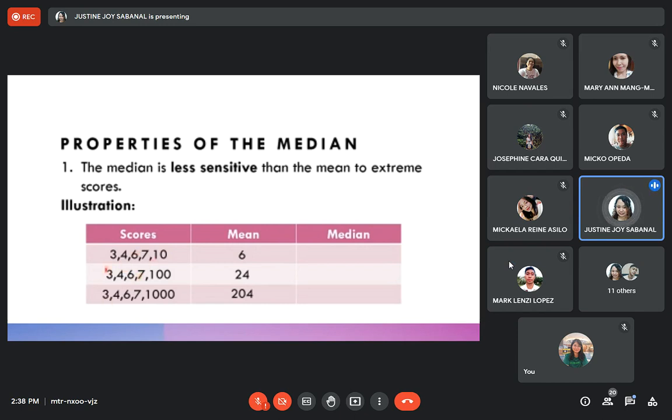Kung may 5 tayo na information, yung 5 plus 1 divided by 2. So we have 6 over 2. Ano yung value sa third position ng ating data? 6 po. Okay. Ganun din po yung pangalawa. May 5 tayo na value. Odd number, mag-add ka ng 1 doon sa bilang ng observation. Pag nakuha na, divide by 2, nasan yung location. Sa third position pa rin. Ano yung value sa third position? 6 pa rin po. Okay. Yung sa hulihan, ano kaya yung value?